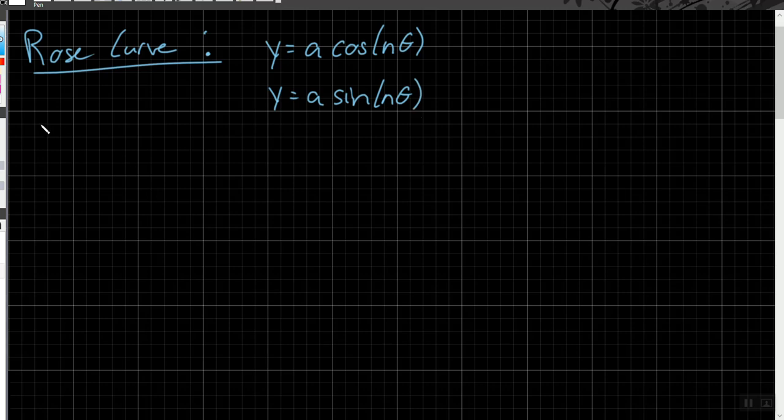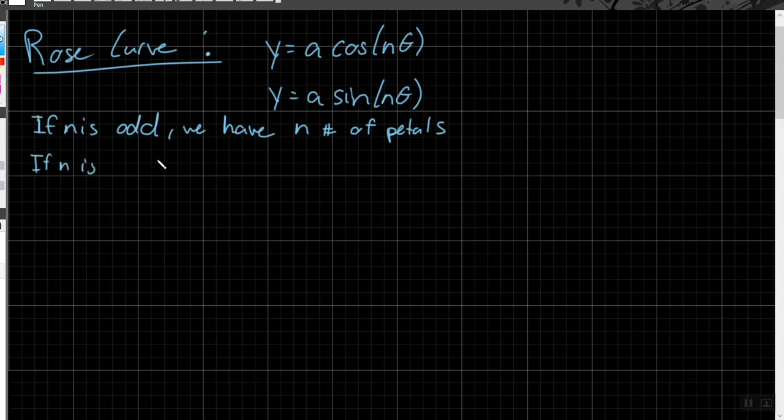That's the biggest thing. If n is odd, we have n number of petals on our rose. However, if n is even, we're going to double the amount of petals. We have 2n number of petals.